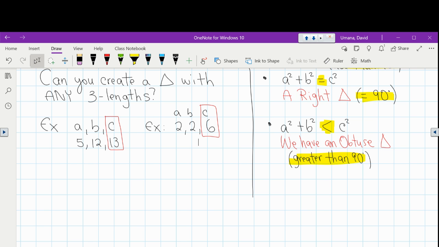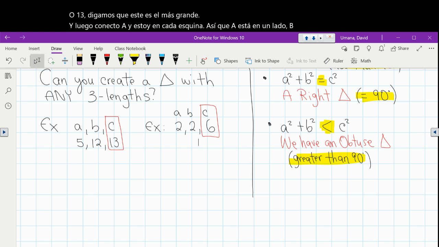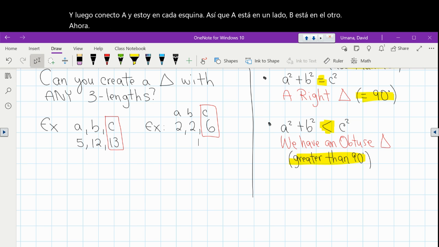So let me ask like this. Please look my way. Let's say this is the biggest letter, the biggest number, like 6 or 13. Let's say this is the biggest one. And then I connect A and B on every corner. So A is on one side, B is on the other. Now, picture it like this.